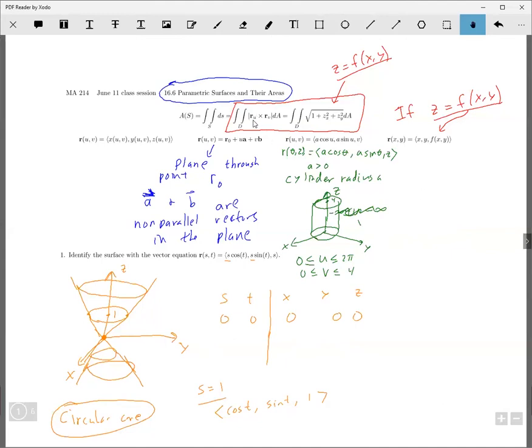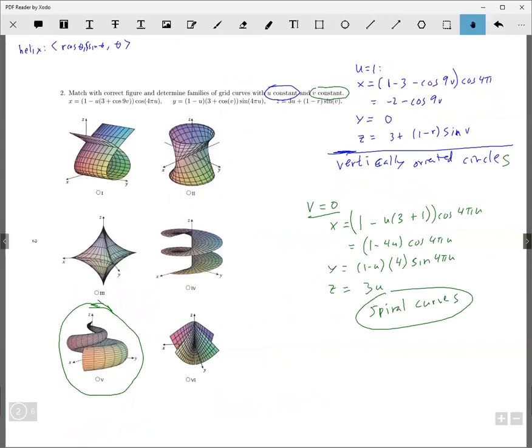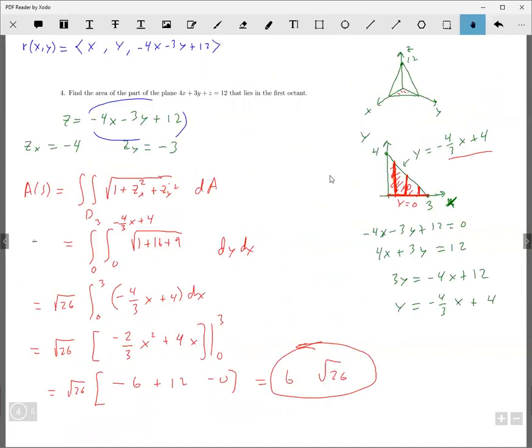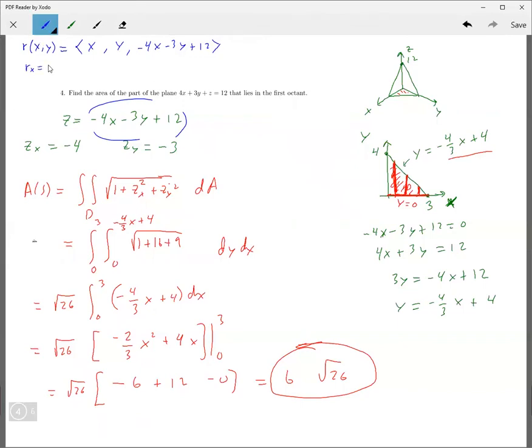So the next thing we want to calculate is r_u and r_v, or r_x and r_y would be what we're supposed to calculate here. So r_x, the partial with respect to x of all this, is going to be 1, 0, negative 4, right? And the partial with respect to y is going to be 0, 1, and negative 3. Perfect. Now the next thing in the formula called for finding the cross product of r_x and r_y.